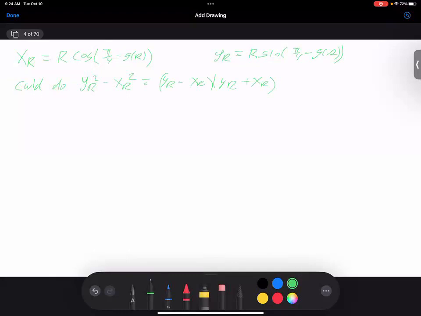And looking at a difference of squares, this would now be the absolute value of y sub r minus x sub r. We've got to be careful because this is negative.